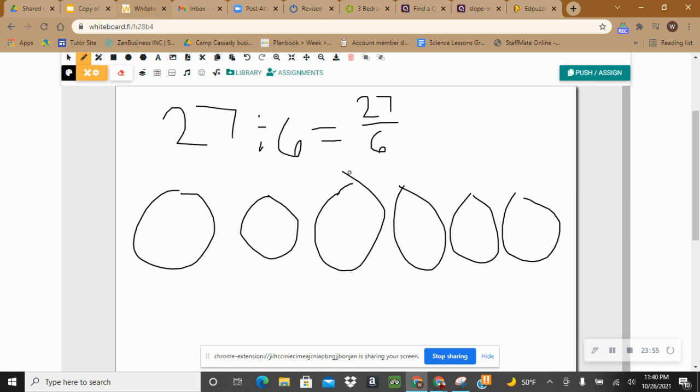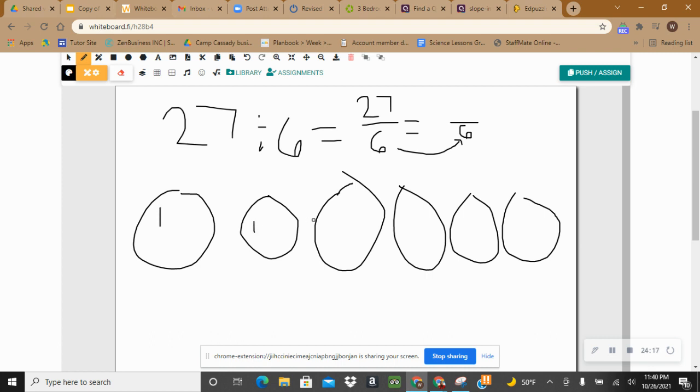Remember, if you got the multiplication facts down, all you got to do is ask yourself, how many times can 6 go into 27 without going over? That's your whole number. Then what is going to be left? Ask yourself what's going to be left. And remember, the denominator is always going to stay the same. So it's 6 here. So let's count until I get close to 27.